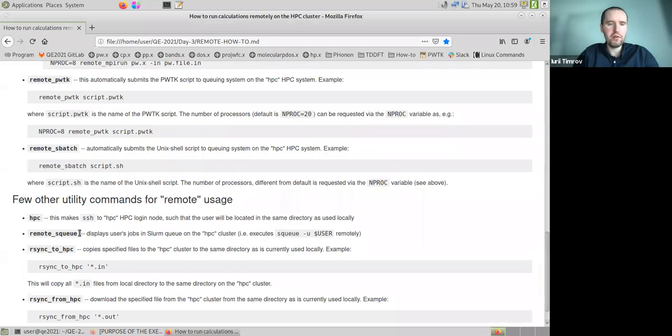So please do not open the output file when the job is running. Just submit the calculation and monitor the execution with remote_SQ. And then we copy the file to our virtual machine.